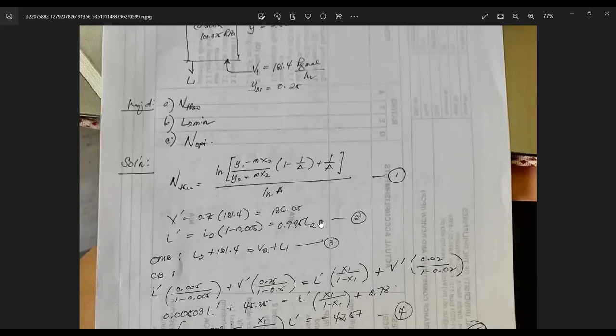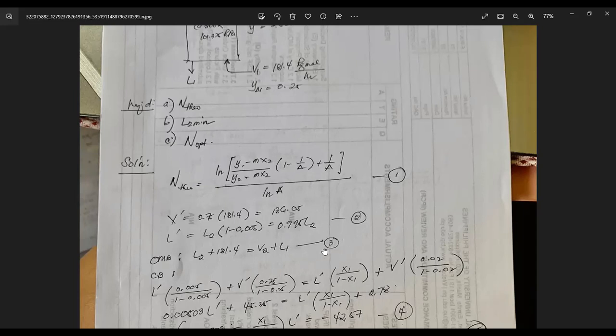Since we do not know L2, I just labeled it 0.995 L2. So 1 minus 0.005, meaning anything not included in the 0.005 is water. So that is why this is your L prime. We refer to this as the inert streams. Your V prime here, in the case of ammonia, are the other gases other than ammonia.